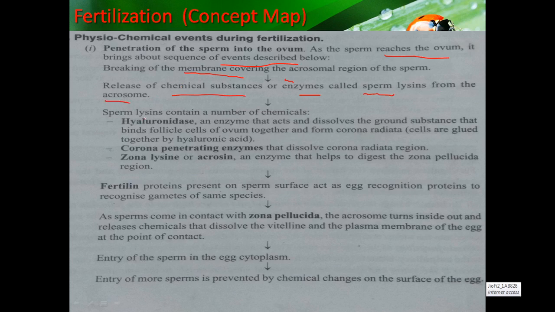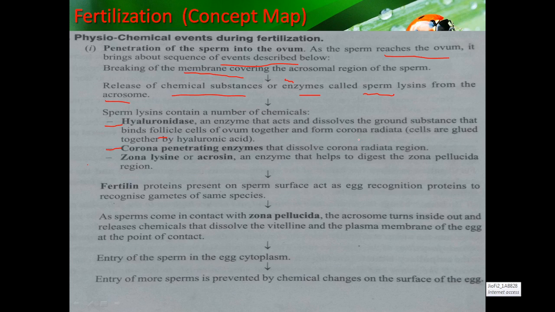This sperm lysin हमने अभी देखा कि sperm lysin में कौन कौन से chemical थे. As there is a presence of the hyaluronidase, there is a release of corona penetrating enzyme and there is a release of the zona lysin. What is the role of the hyaluronidase? This hyaluronidase is an enzyme that acts and dissolves the ground substances that bind the follicle cells of the ovum together and form the corona radiata.